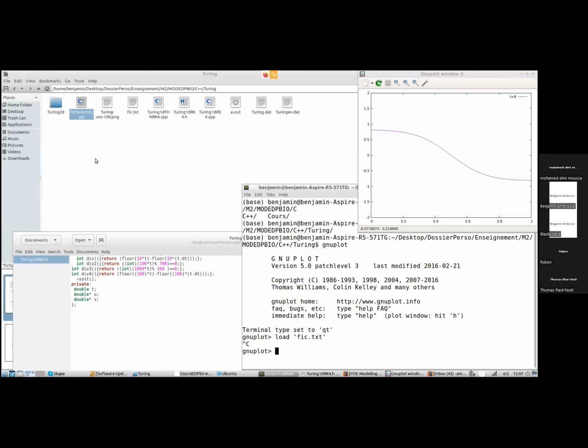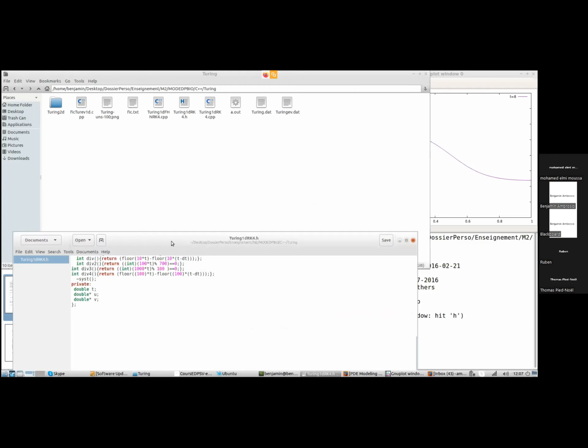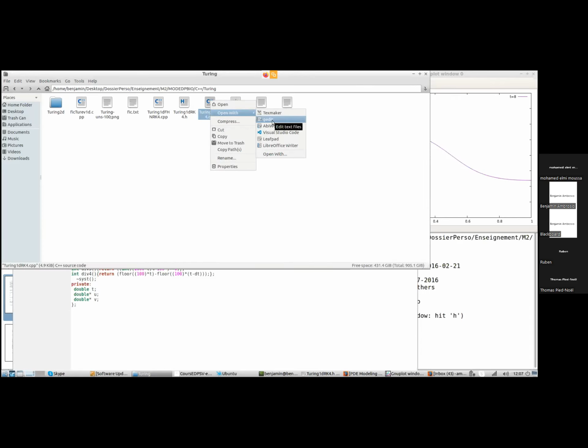Okay, so now let us try to make some numerics about the PDE. For that, we are using a C++ program. So let's use it.